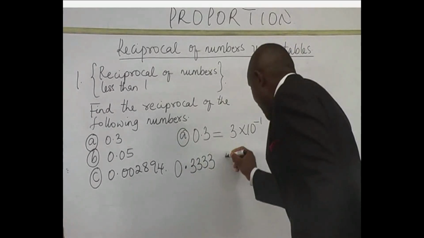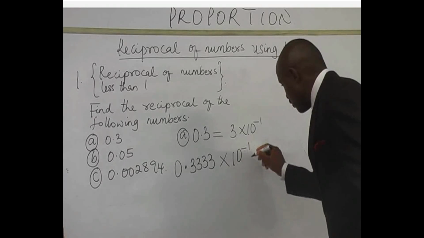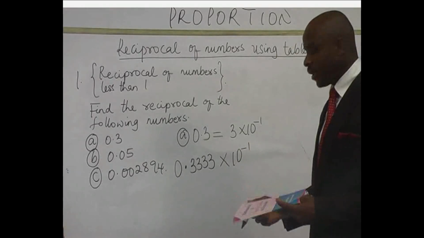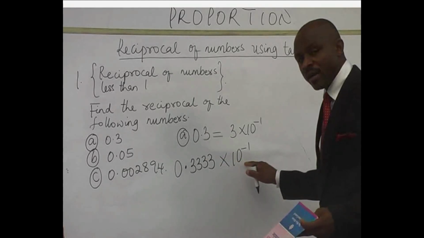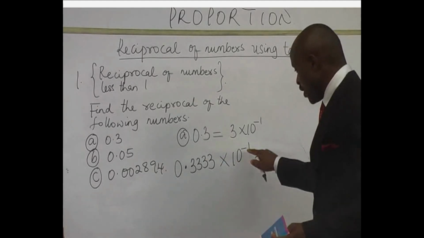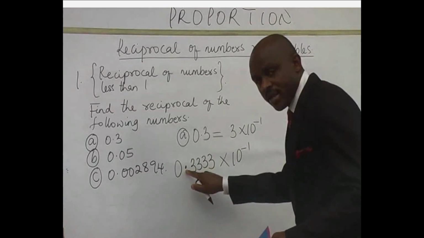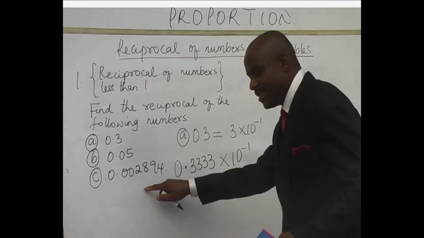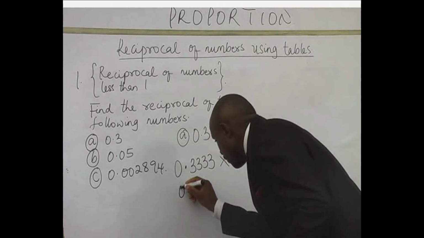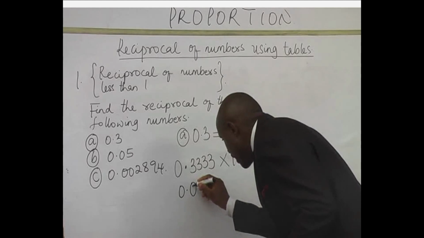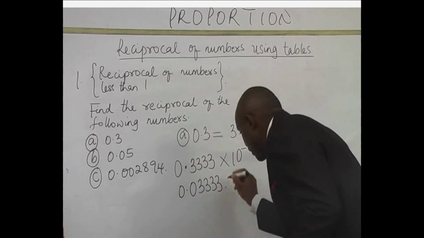Now multiply it by 10 exponent minus 1. Because of the minus 1, you will move this decimal point towards the left once. So this figure becomes 0.03333.